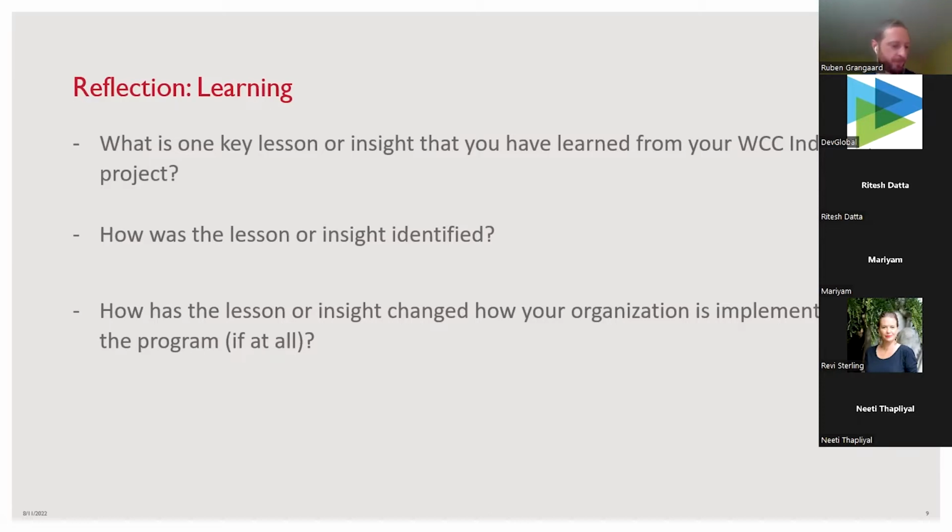Thank you. So, one of the key lessons or insights that we have had from the WCC India project that we have been implementing for the last 12 months is that the digital ways of income enhancement, or livelihood generation, is the key point that attracts women to take up this training and percolate to the next level.